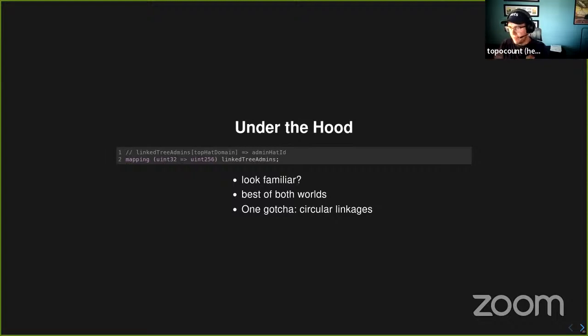And it's O(1) to get to the top of a tree from anywhere. So it scales pretty nicely. It's a logarithmic scale: as the org scales linearly, the Hats tree system will scale logarithmically as far as depth goes. So it's a sustainable model.